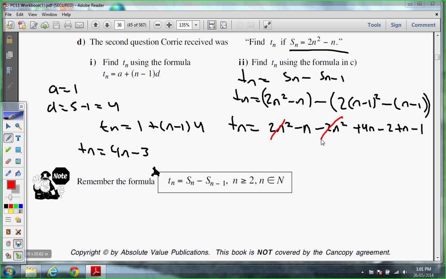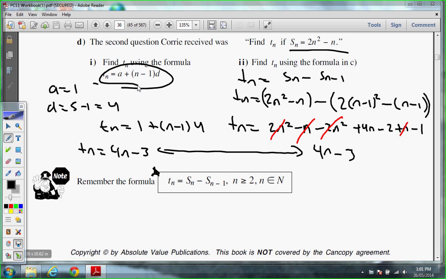This goes away. This goes away. And you're left with 4n minus 3, which you can see is the same there. So just proving to you that our term formula works with this as well. Okay, and that was just the investigation for that. Got one example, and we're done.